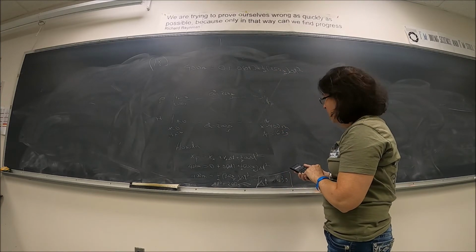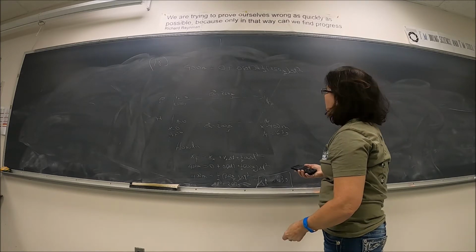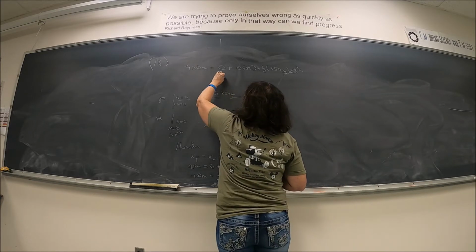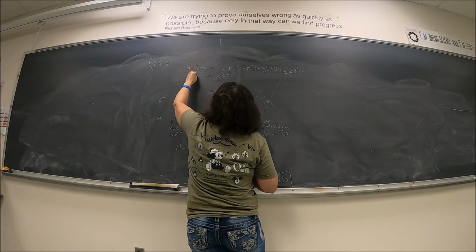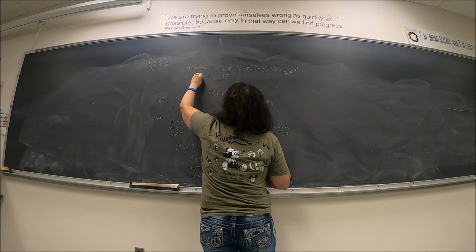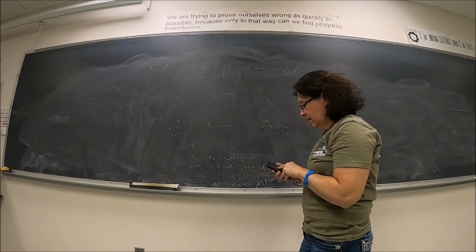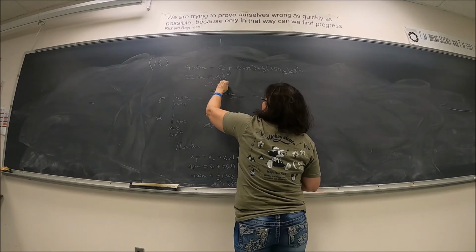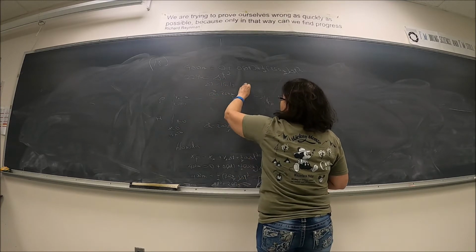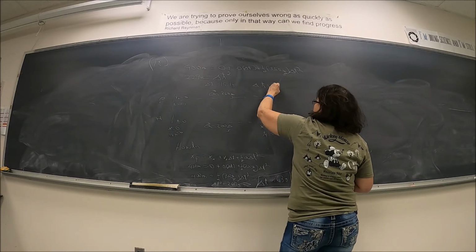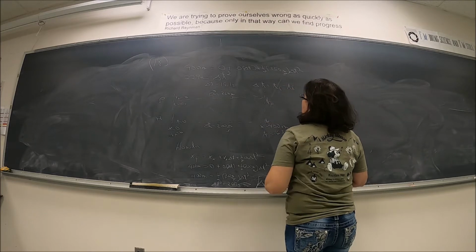So 400, when I solve for delta T squared, I get delta T squared to be 229 seconds squared. Solve for delta T, I get 15.1 seconds. So the initial time, delta T, is equal to T final minus T initial.